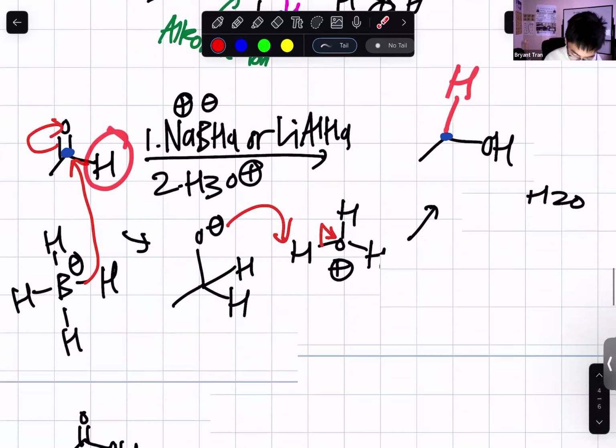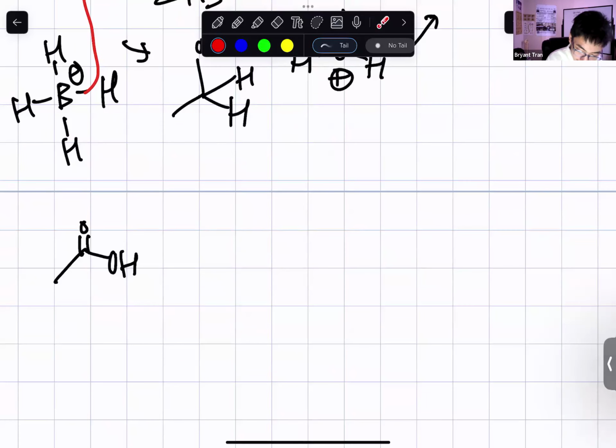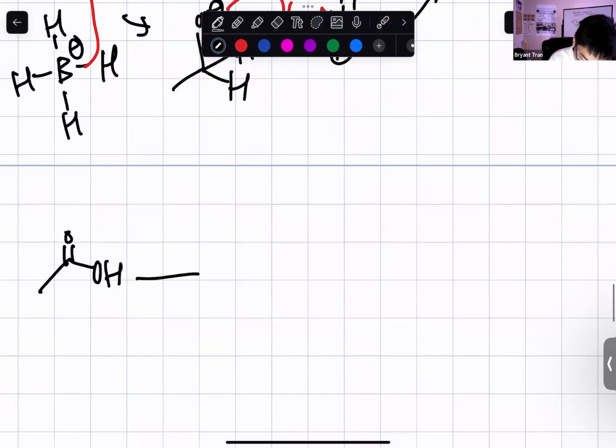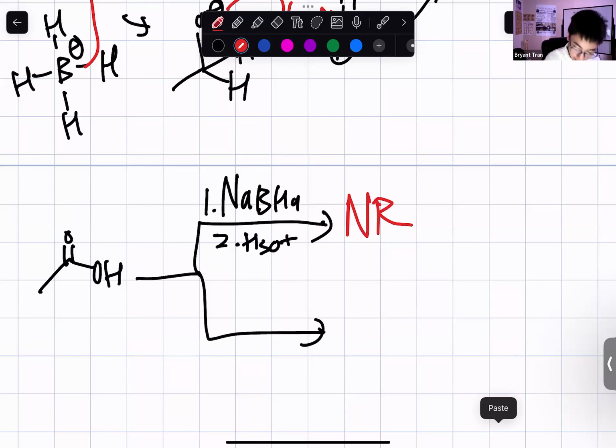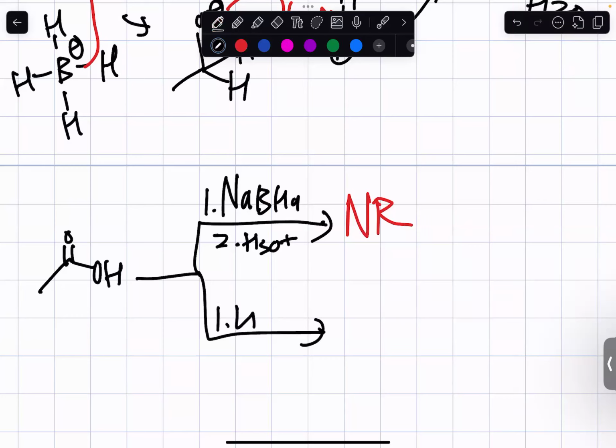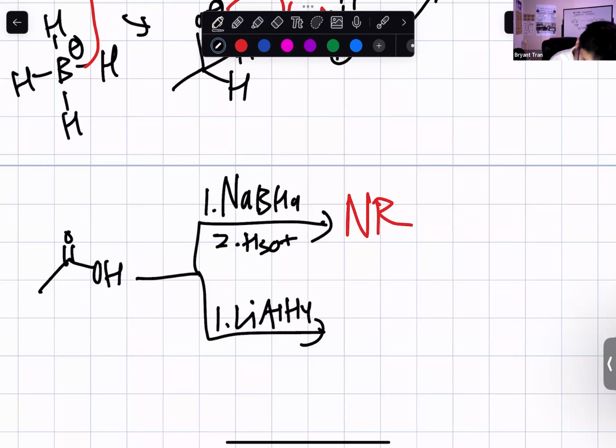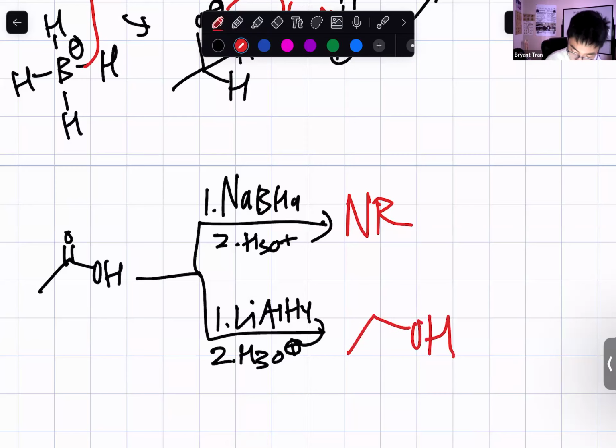Now for carboxylic acid, this one here, it would matter what you use. If you used a weak reducing agent, sodium borohydride, second step acid workup, that is not strong enough to reduce the carboxylic acid. No reaction. But if you use a stronger reducing agent like lithium aluminum hydride, LiAlH4, and second step H3O+, that would be strong enough to reduce the carboxylic acid into the primary alcohol.